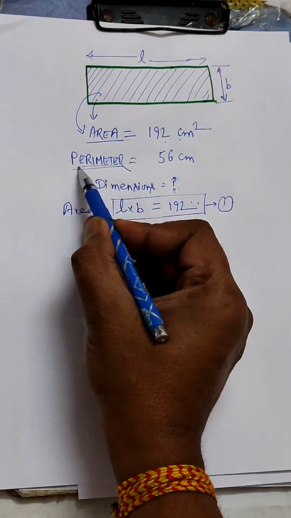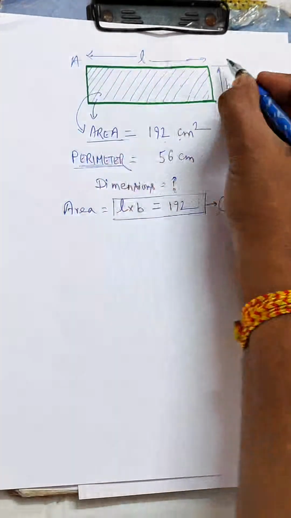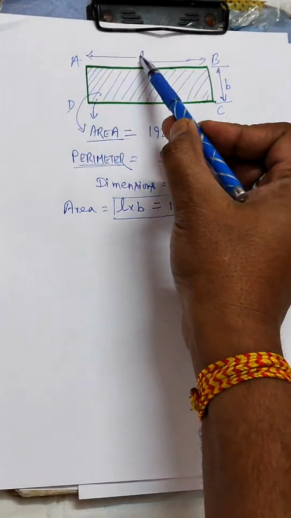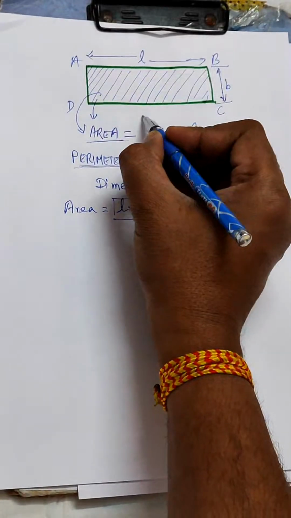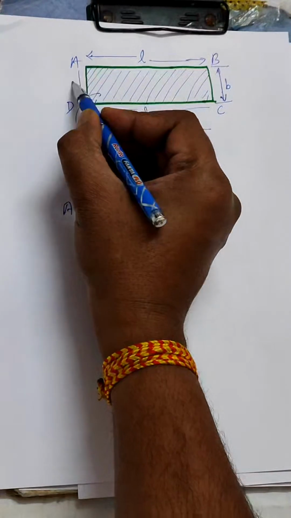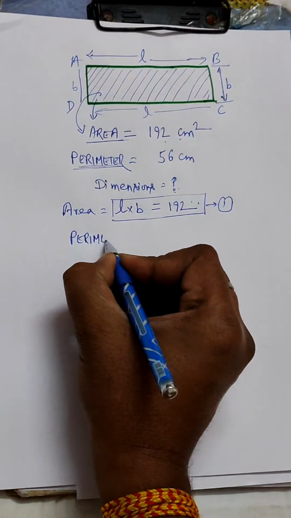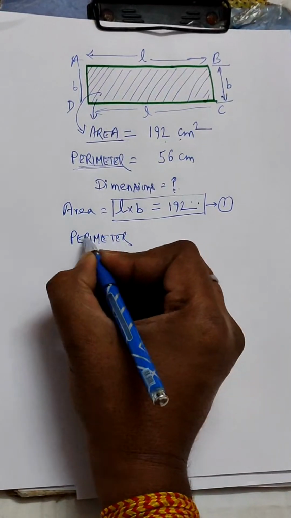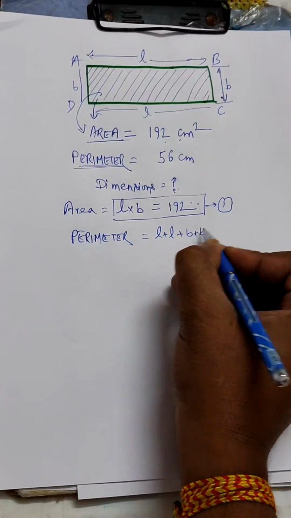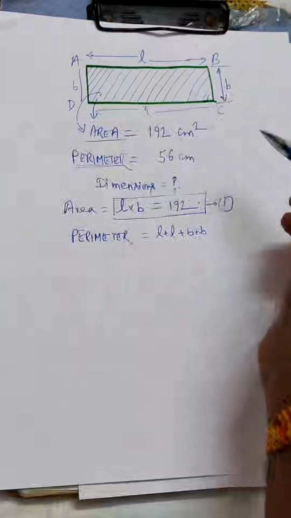And the perimeter of a rectangular plot, you can see starting from A to B to C to D, let's say, then L plus B, then again L this length, then again B this length. So perimeter of any rectangular plot can be given as L plus B plus L plus B, because 2 times L is coming and 2 times B is coming, right?